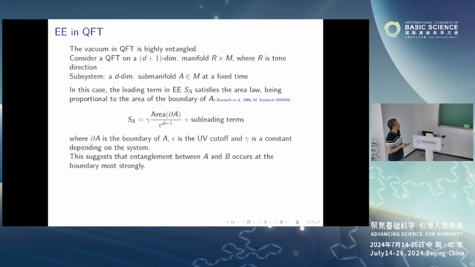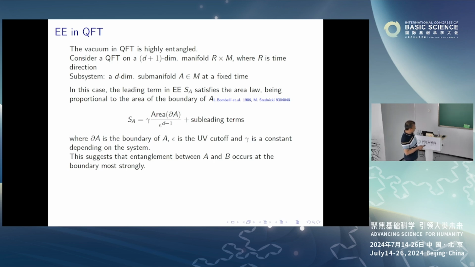That means the leading term in the entanglement entropy is proportional to the area of the boundary of A, plus some subleading terms. Here epsilon is a UV cutoff, and gamma is a constant depending on the dynamics of your system.